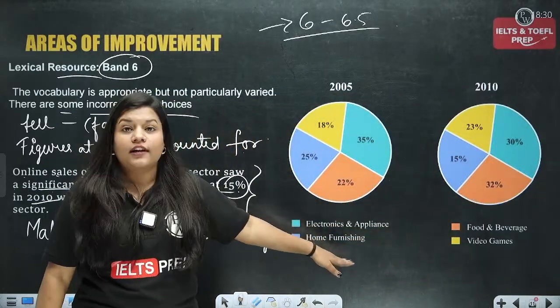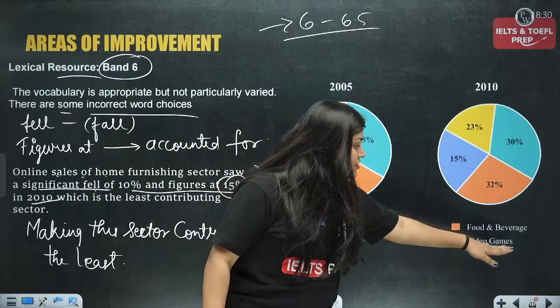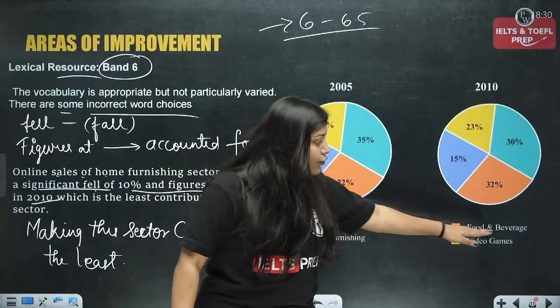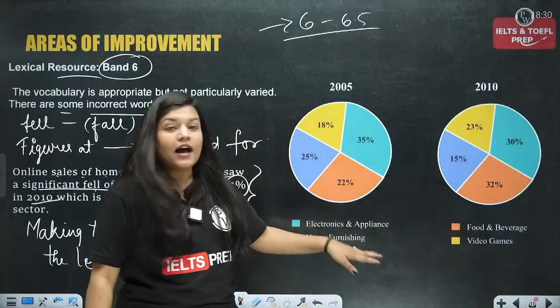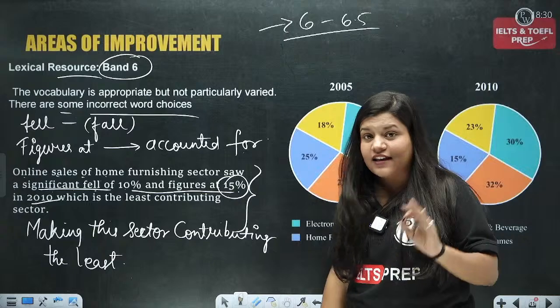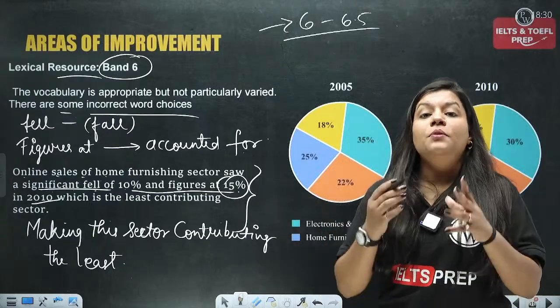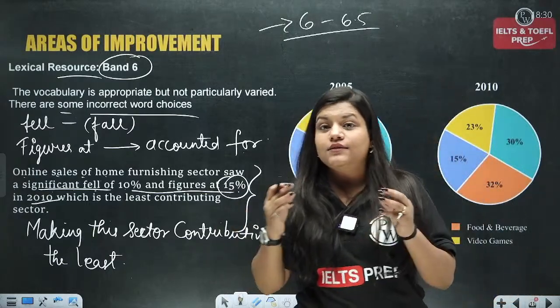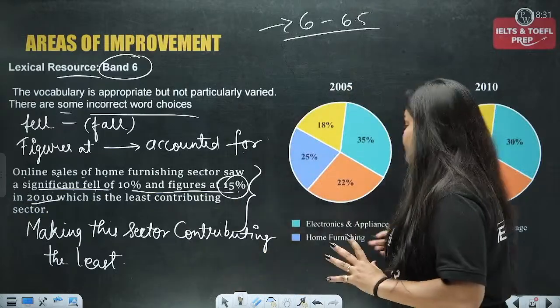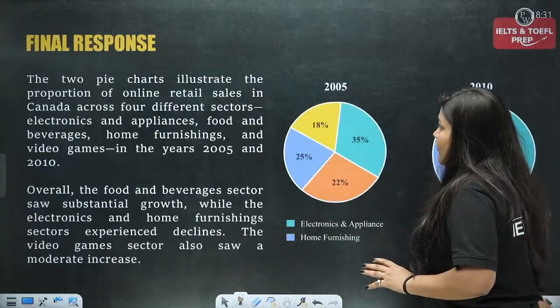Home furnishing, write it like this. Food and beverage, write it like this. Video games, write it like this. Don't write food and beverages, home and appliances, okay? Don't do that. Never add any extra information from your end. Whatever is given in the question, consider it as a fact and work accordingly. Got it?